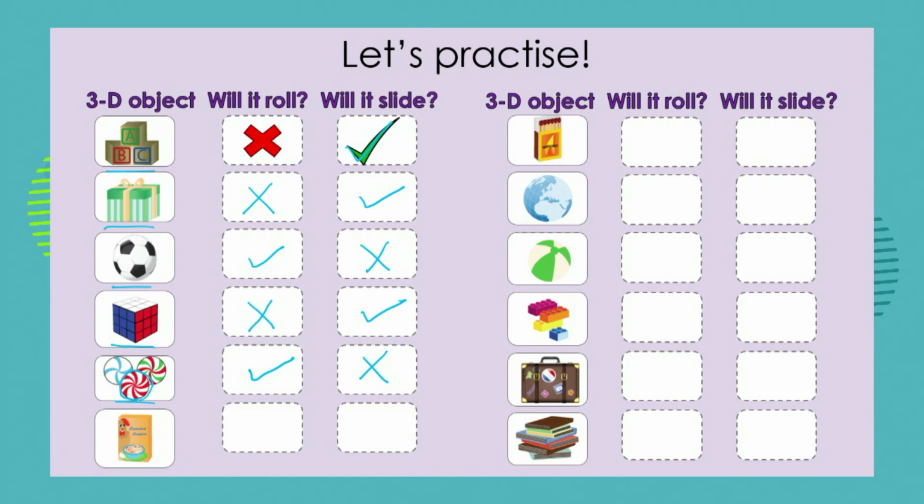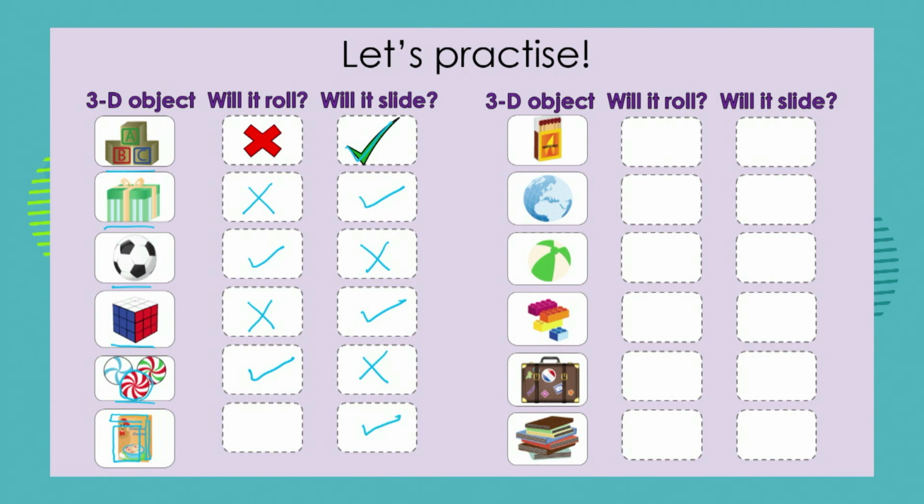We can see that it looks like a rectangle shape. We can also see that it has sides, different sides. So when an object has sides, will it roll or slide? Well done, grade ones. It is going to slide.